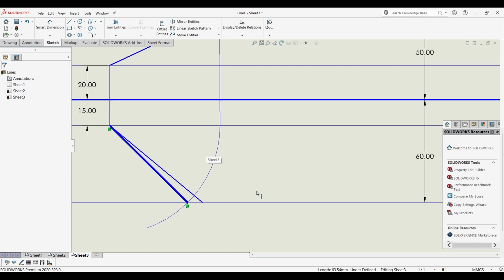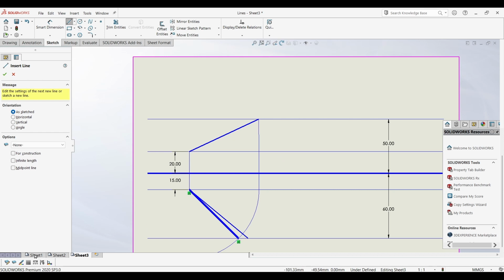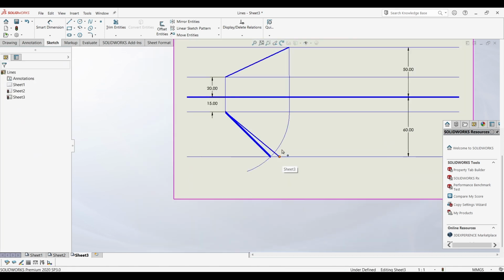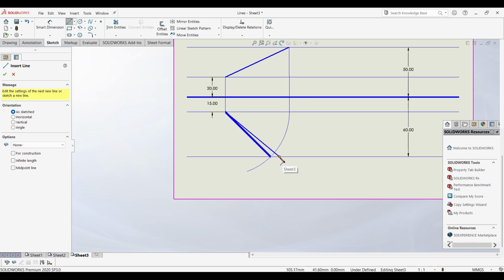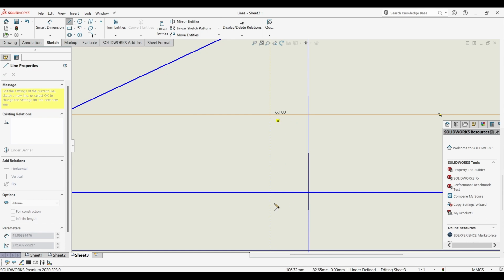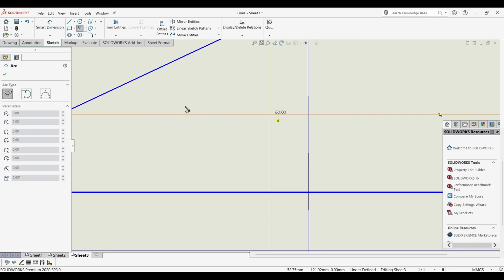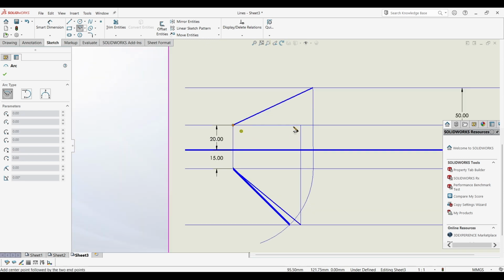Then after that, we similarly do it for this point. We take a line from here to here, and then from this point L, we do the center point arc from here to here.